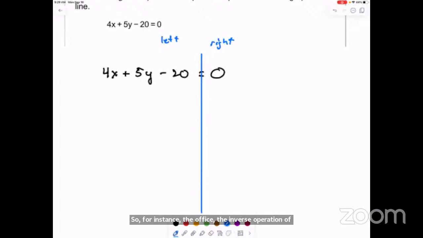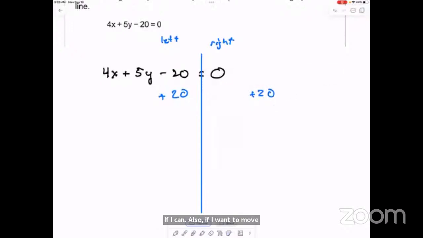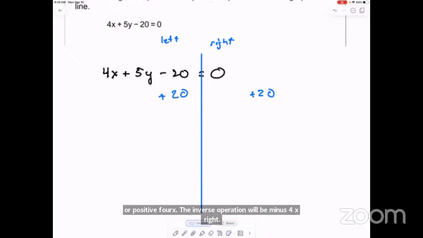I'm going to go ahead and do multiple steps. If I want to move the x, since it's a positive 4x, the inverse operation will be minus 4x, so we're also going to say minus 4x on both sides.